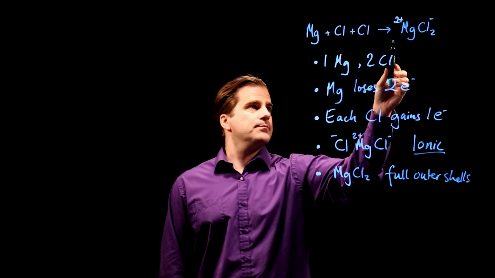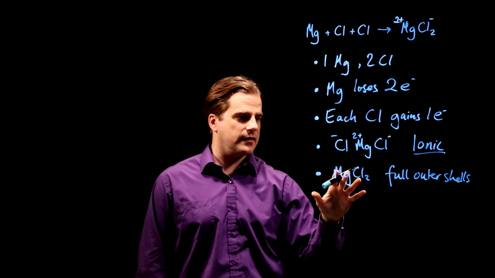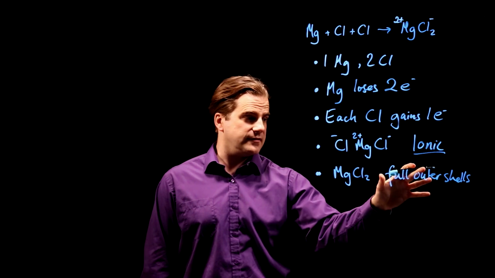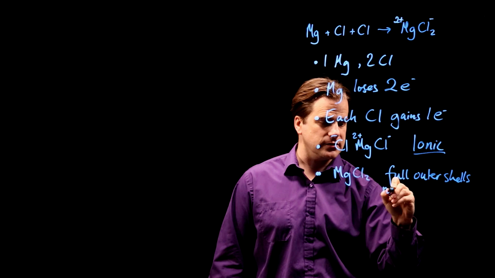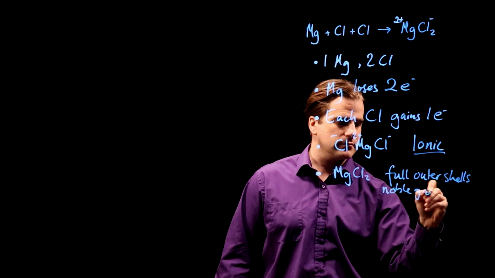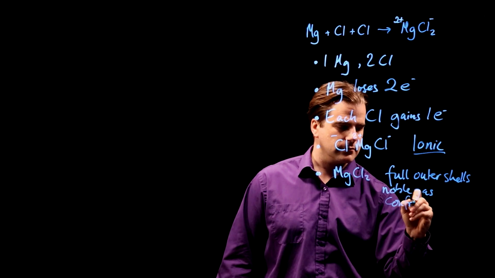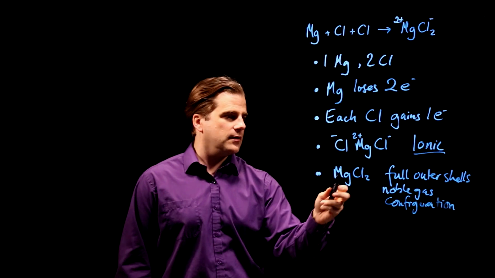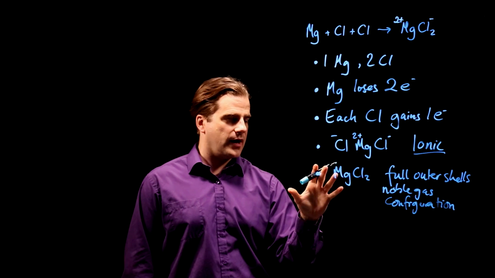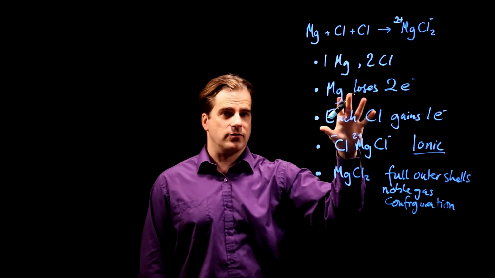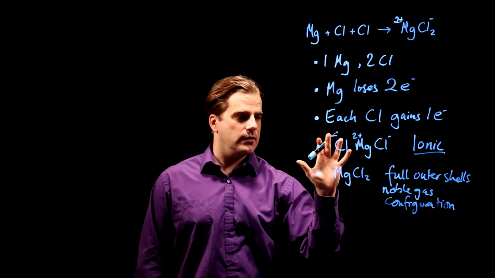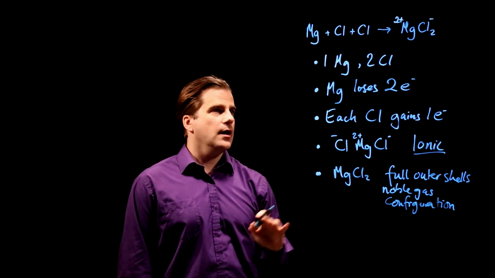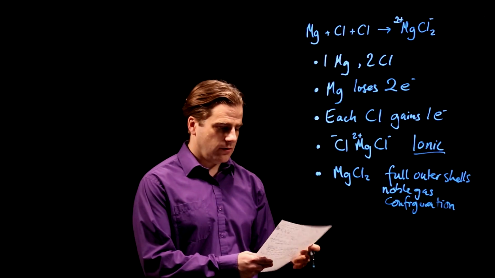The magnesium, having lost 2 electrons, has 8 electrons in its outer shell, which is the noble gas configuration. Same as the chlorine. Each of the 2 chlorines now, because of the way the electrons have arranged themselves, has 8 electrons in its outer shell. Okay, all that will get you the 4 marks.